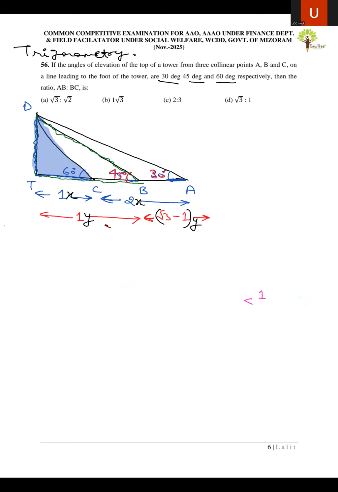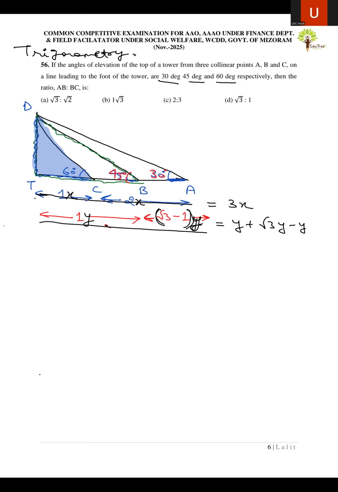All right. Now if I look at this complete value, this is equal to 2x plus x, that is 3x. All right. And if I look at this complete value, this complete value is y plus root 3y minus y, multiplying this y inside of this bracket.